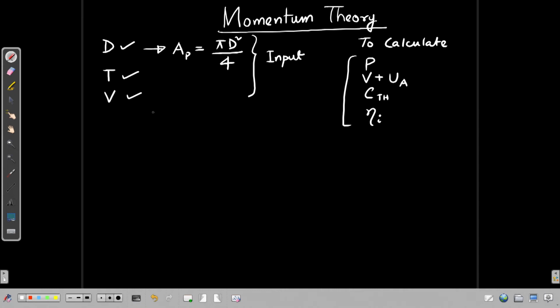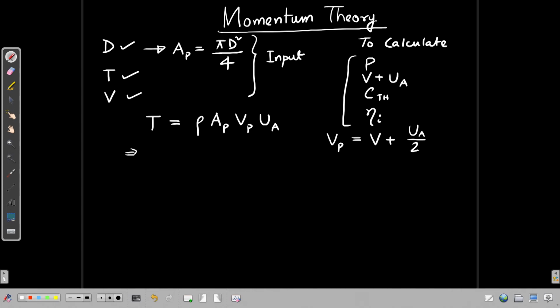We start with the given value of thrust, and the equation for thrust with respect to the velocity components is given by T is rho AP Vp into UA, where UA is the axial induced velocity and Vp is the velocity at the propeller, which is the velocity of advance or the inlet velocity plus half of the induced velocity far astern, right.